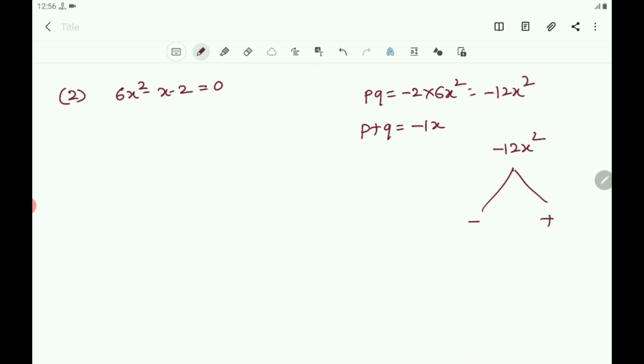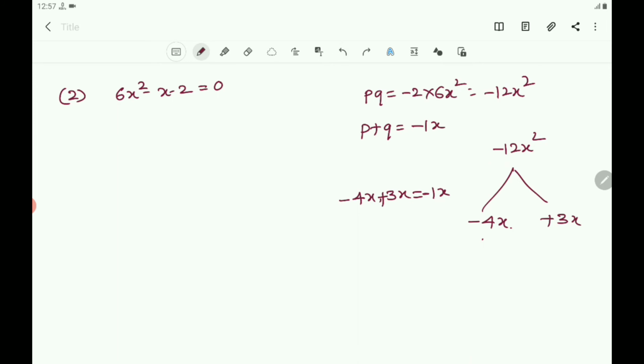So you can have the factors minus 4x and 3x. You know that minus 4x plus 3x equals minus 1x, and the product of minus 4x and plus 3x is minus 12x square.